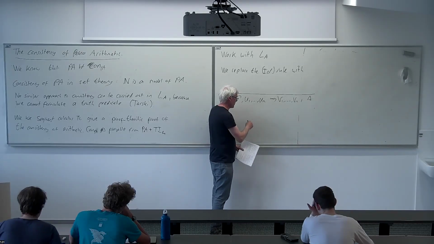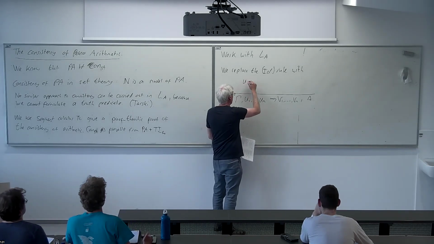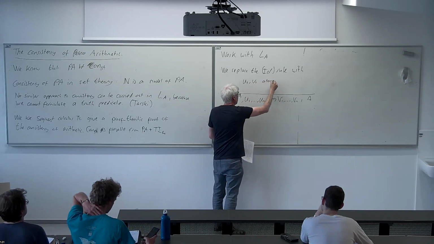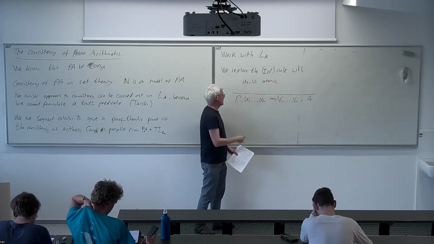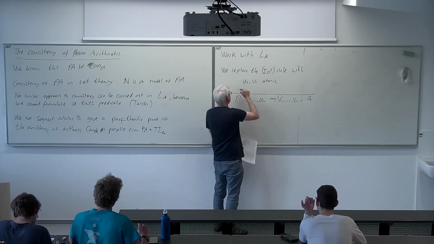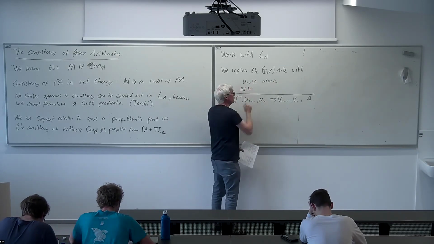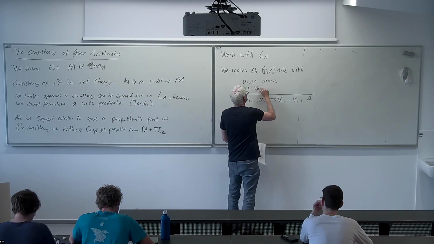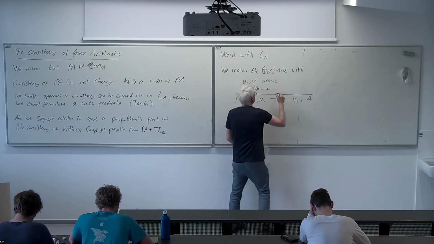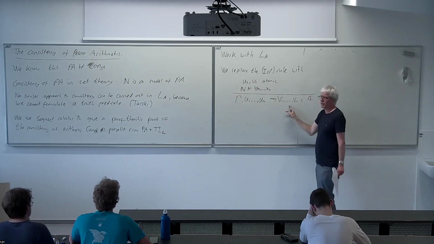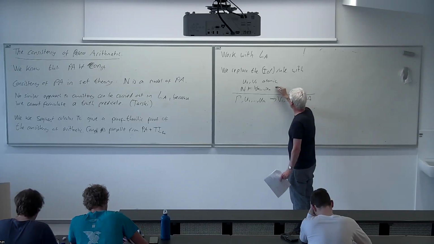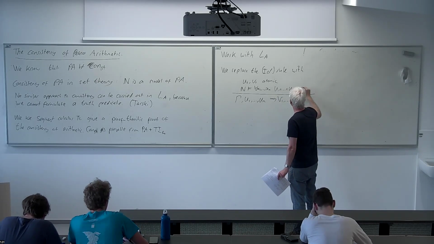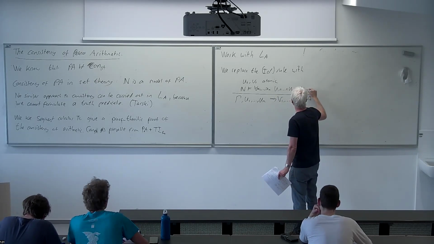The U's and V's are atomic here. That's a side condition. We can derive this whenever it's true in the natural numbers that for all x1 to xk, the implication from the U's to the V's holds, so the conjunction of the U's implies the disjunction of the V's.